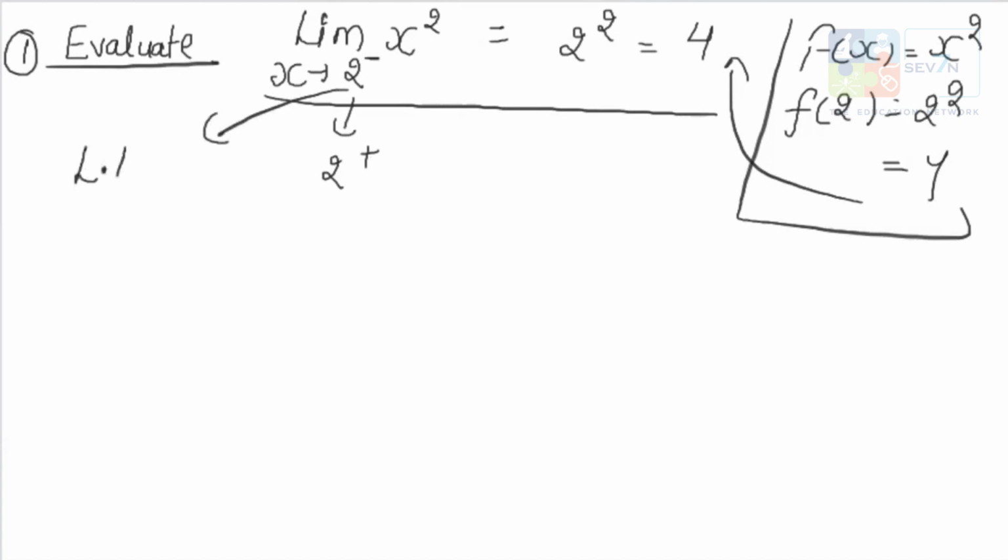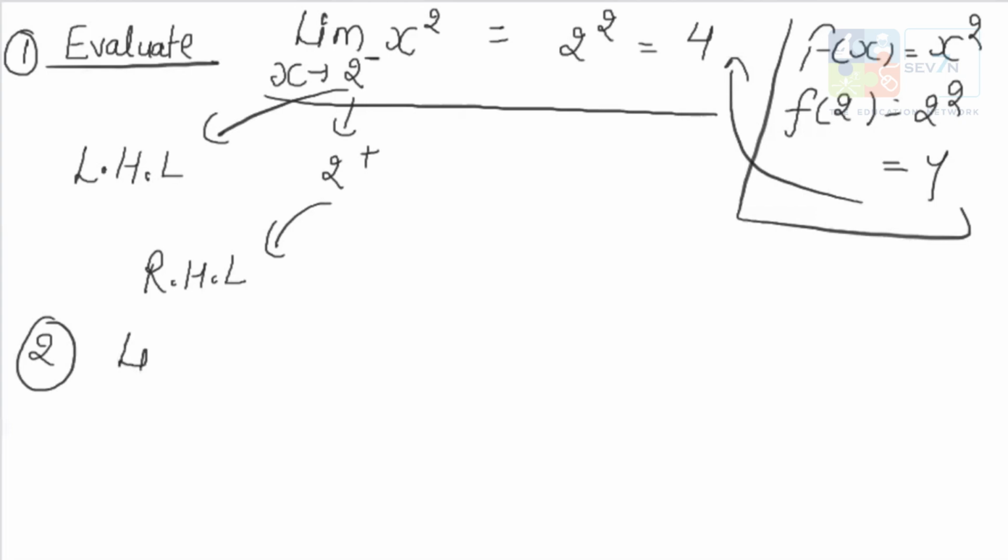If you are writing 2 negative, that is your left hand side limit, and if you are writing 2 plus, that will be the right hand limit. If it doesn't say negative or positive, it's both; I'll tell you later, but for now you just need to understand that 2 negative is the left hand limit and 2 positive, slightly greater than 2, is the right hand limit. Later on, we can discuss how we will find it.